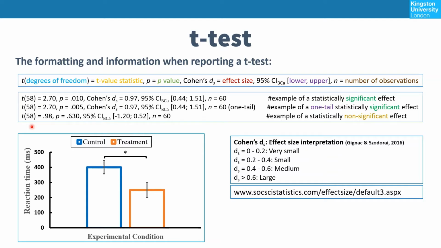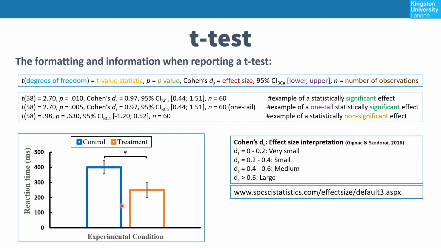Or you might run into a statistically non-significant effect, in which case you would report it the same as the other ones, but without an effect size, because there is no point in trying to interpret an effect size for a relationship that does not exist. I've also given you here the interpretation value, so you know if the effect you find is very small, small, medium, or large.